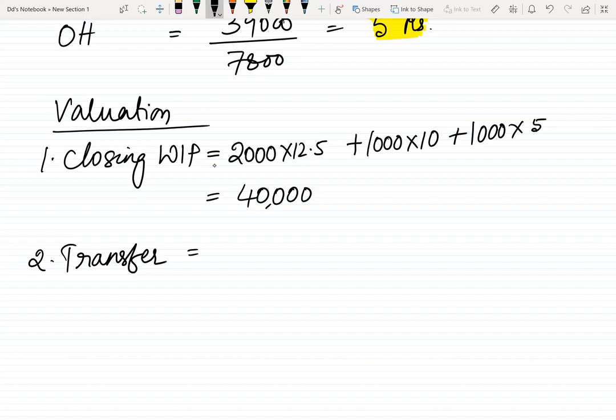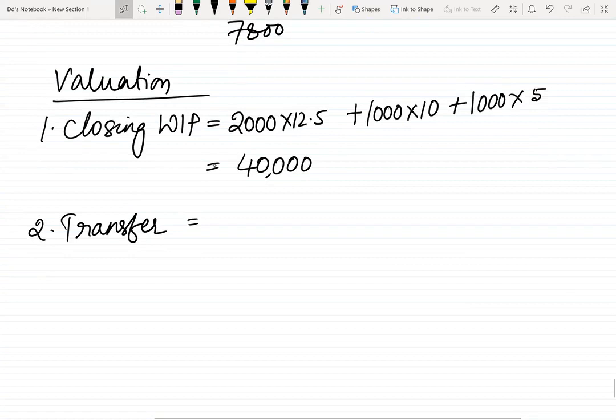You had 2000 units that came from previous year, correct? There was already cost incurred on this, that is 7,500 plus 3,000 plus 1,500. You have taken this 12,000 rupees. But when you transfer it in this year, you will not transfer only what you are spending in this year. You will transfer everything. What came from previous period plus on that additional effort, together you will transfer.